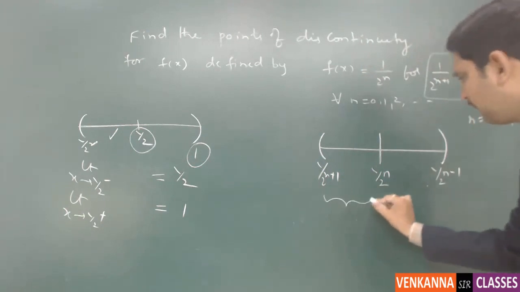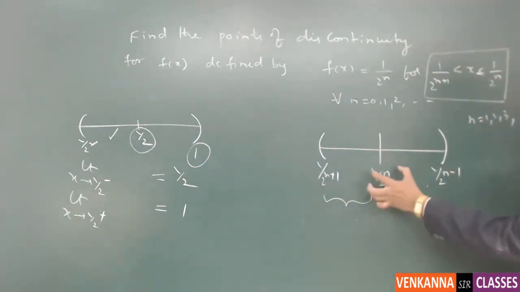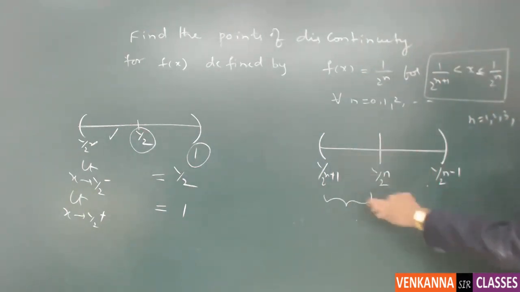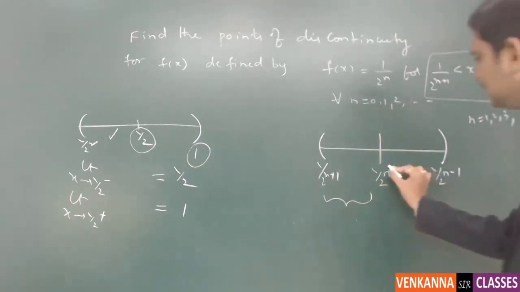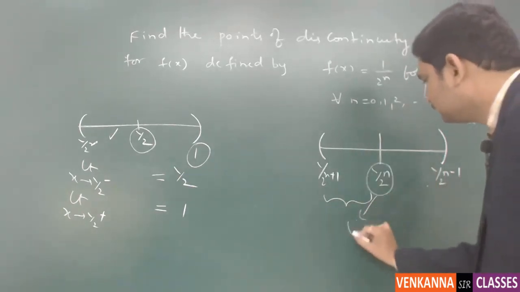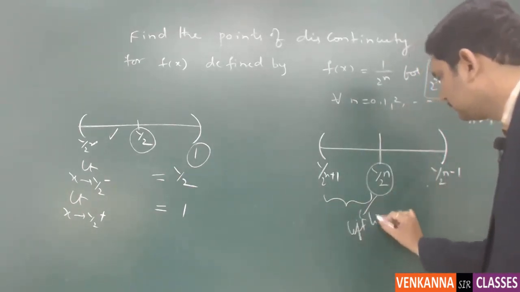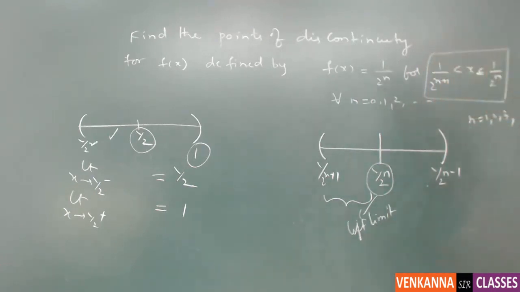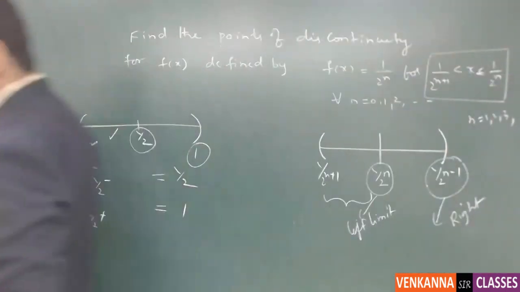In this left neighborhood, the upper part is 1 by 2 power n, so if you calculate the left limit, this number gives the left limit. In this right limit portion, if you calculate the function value, this is the upper bound, so this gives the right limit value. Both numbers are unequal.